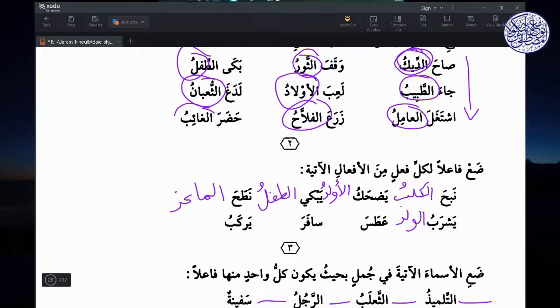نطح. طيب. We said يشرب الولد. عطس. What did you have, Dawood? فعطس. I think I put طفل. You don't have your homework there yet. He said طفل. عطس الطفل.